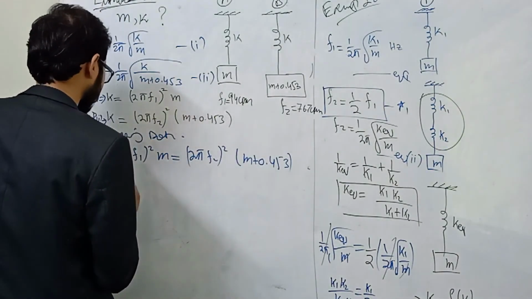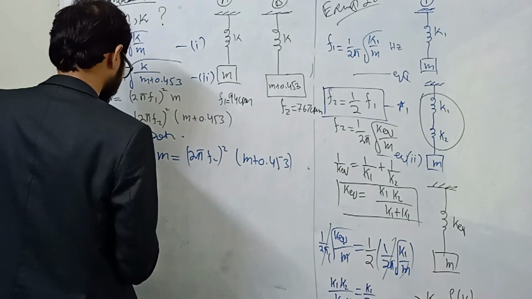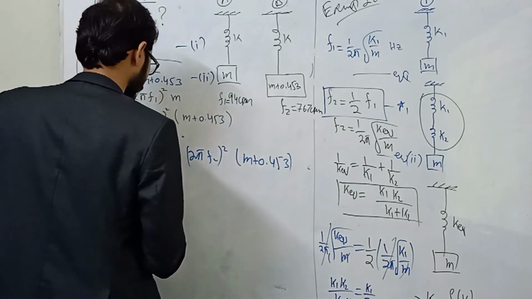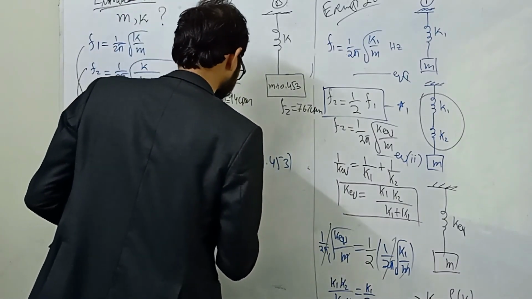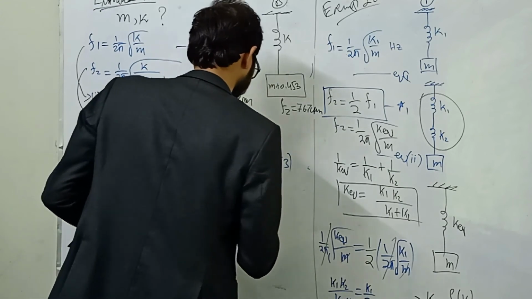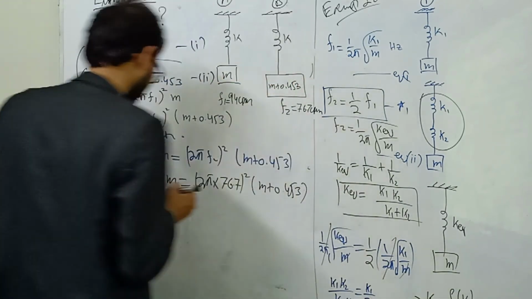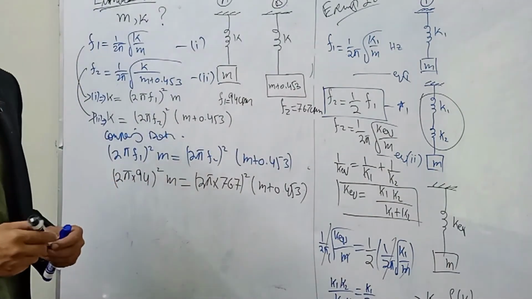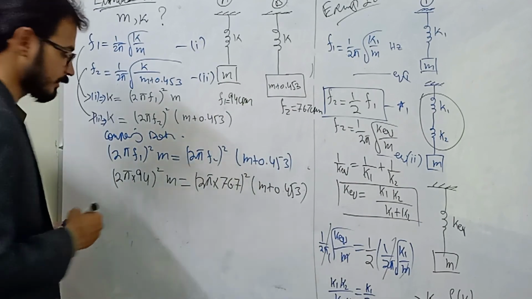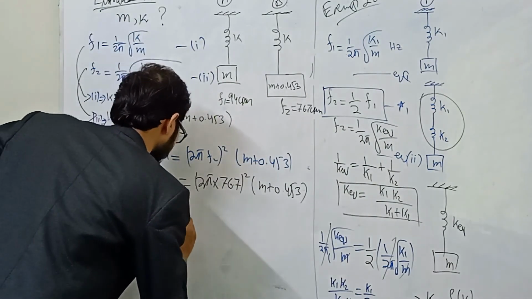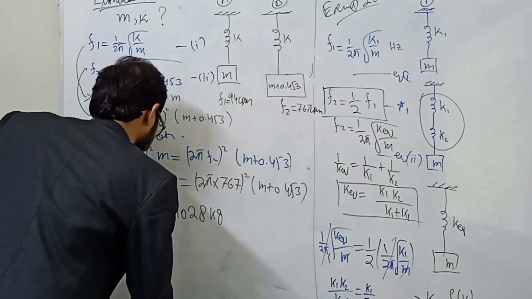So 2 pi into 94 square into m, that is equal to 2 pi multiplied by 76.7 square into m plus 0.453. So from here we will have the value of mass, that will be about 0.9028 kg. This will be the value of mass.